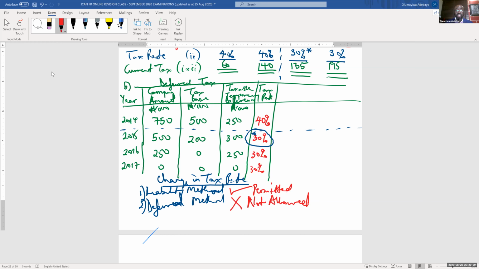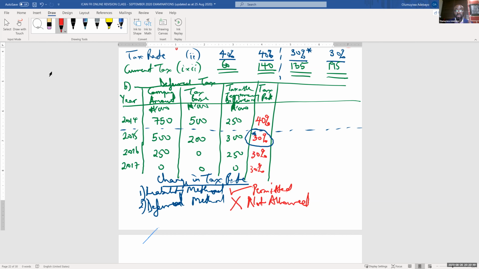When is that? Imagine the pronouncement was made in 2015 and is taking effect immediately, which means it's taking effect in that 2015, which means in that situation, both computation of current tax and deferred tax will recognize the new rate of 30% in 2015.